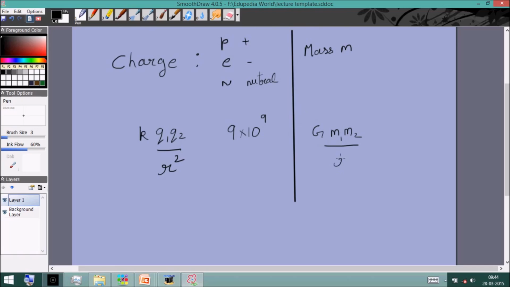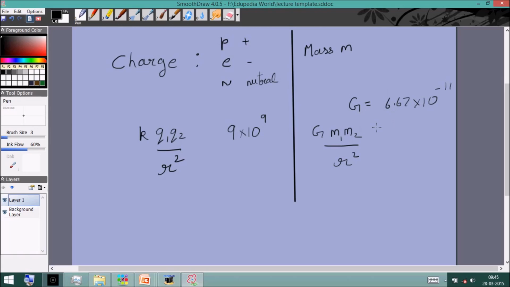And the force between two masses is given as G m1 m2 by r square. Again, m1 is the mass of the first particle, m2 is the mass of the second particle, r is the distance between the two particles, and G is the universal gravitational constant. And the value of G is 6.67 into 10 to the power minus 11.